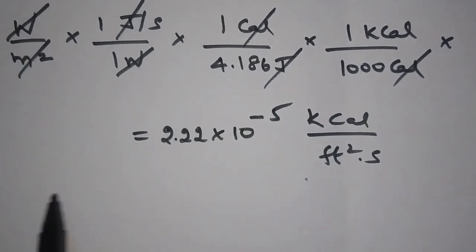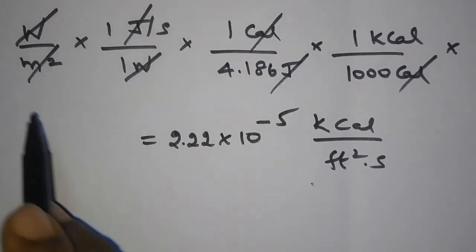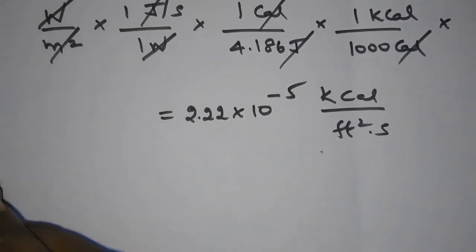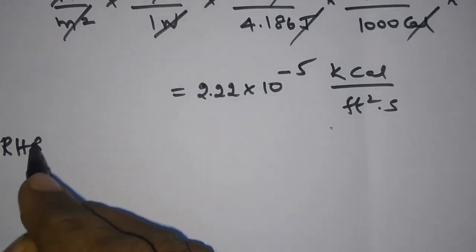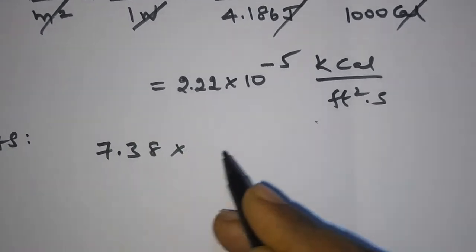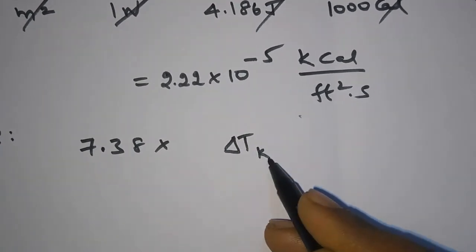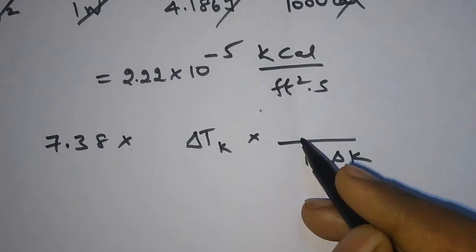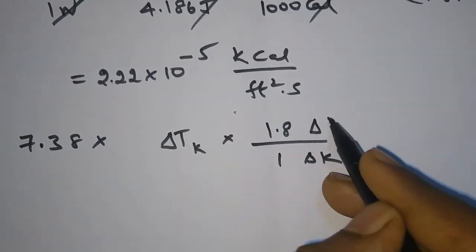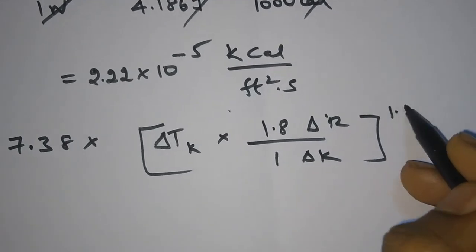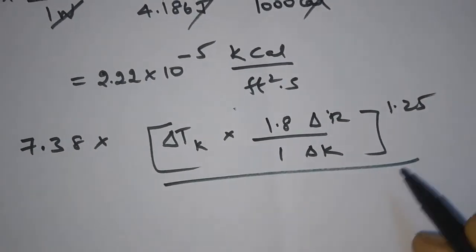Similarly, on the right hand side we have to multiply by this value to get Q by A in kilocalories per feet square second. If we take the right hand side, it is given that 7.38 into delta T is given in Kelvin. So what is the factor? 1 delta K is equal to 1.8 delta Rankine, and this needs to be raised to the power of 1.25.